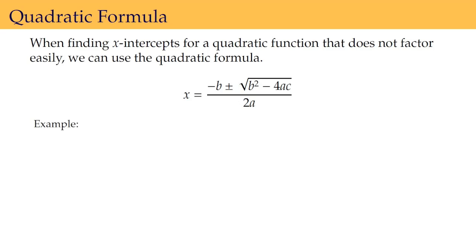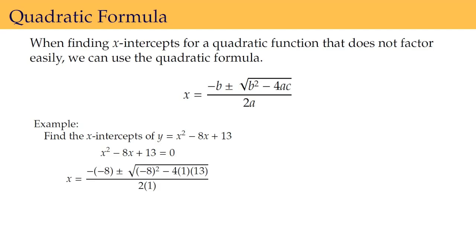So, in our example here, if I want to find the x-intercepts of y equals x squared minus 8x plus 13, changing that from 15 to 13 means that now it's just not going to factor. So I know that I am trying to solve this equation. I set the y equal to 0 and try to solve this.